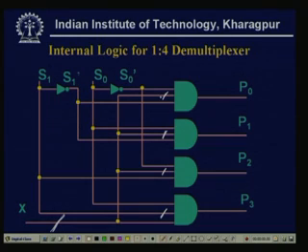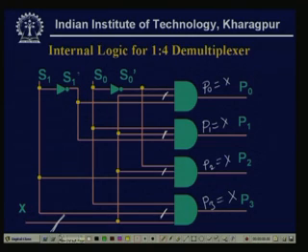Now, depending on the other inputs of the AND gate, whether P0 will be x or not, that will be decided. Here P1 equal to x, here P2 equal to x, here P3 equal to x.